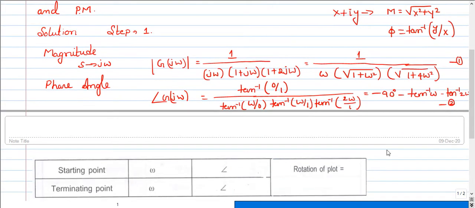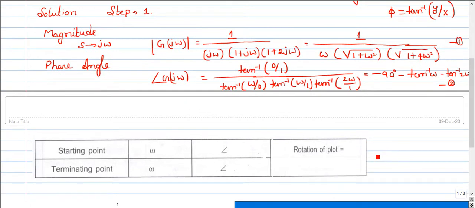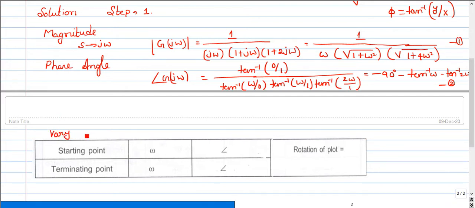Based on this, we shall identify the magnitude as well as the angle by substituting. We will vary the input frequency from 0 to infinity. When I substitute omega as 0, this is the starting point, and when I substitute omega as infinity, that is the terminating point, I need to check what happens to the magnitude as well as the angle.